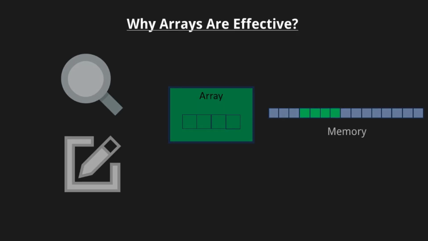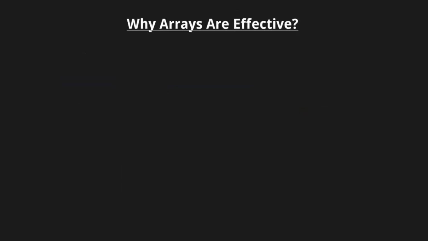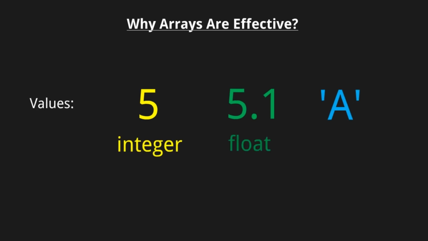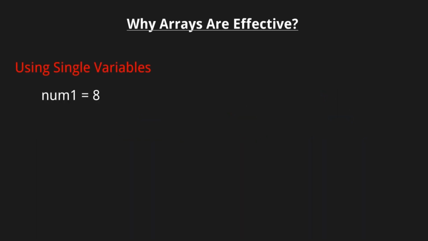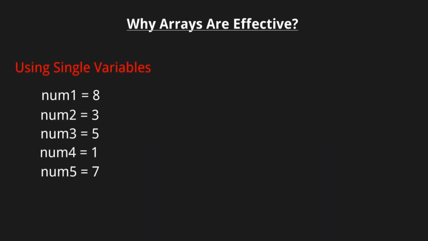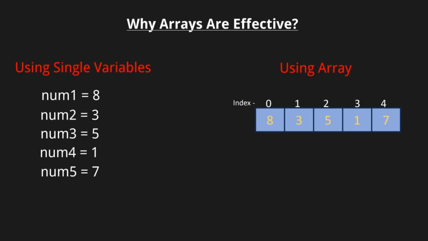To understand why arrays are so effective, let's consider the different forms data takes in programming, like integers, floats, or characters. In traditional approaches, you might use separate variables for each piece of data. Instead of managing many individual variables, an array lets us use a single variable to store and manage a large amount of data of the same type.